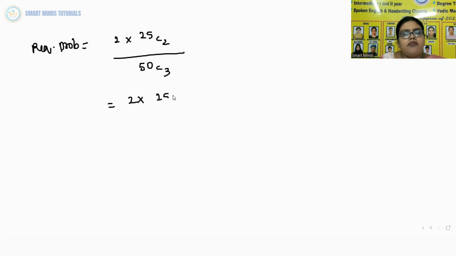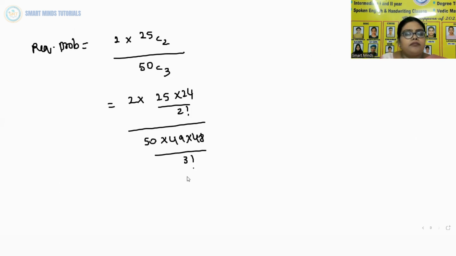25C2 is 25 into 24 by 2 factorial. 50C3 can be written as 50 into 49 into 48 by 3 factorial. So 3 factorial is nothing but 6. 2 factorial is 2. Now here 3 ones are 3, sixteens are 48.